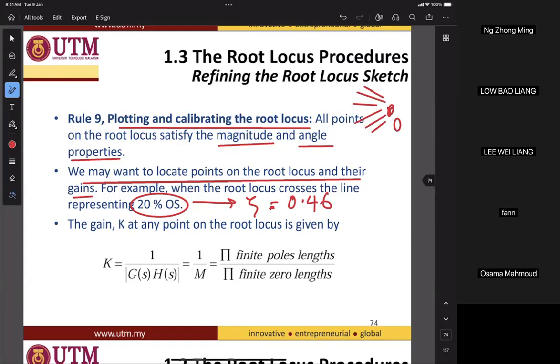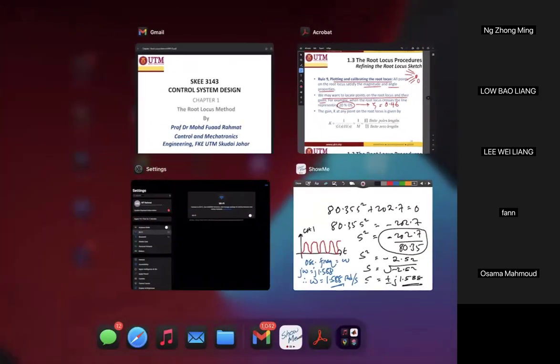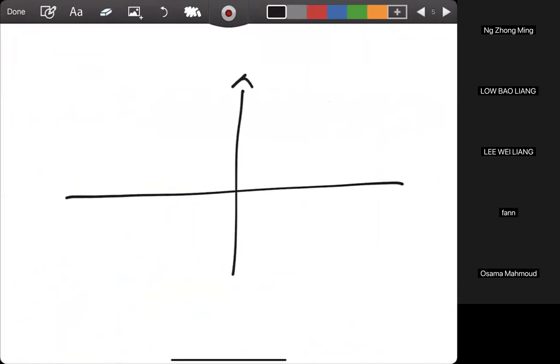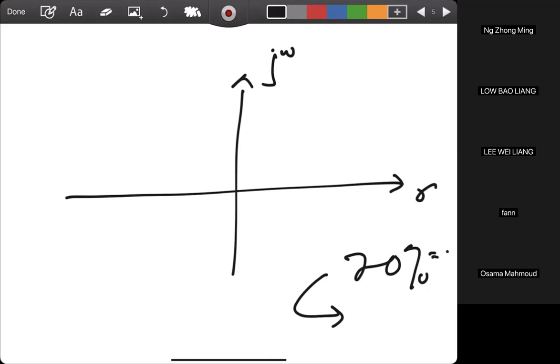So it looks somehow like this. The 20% overshoot is zeta 0.46.